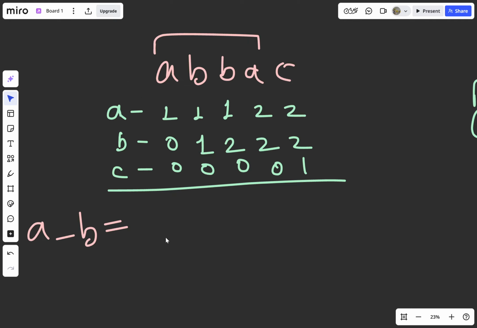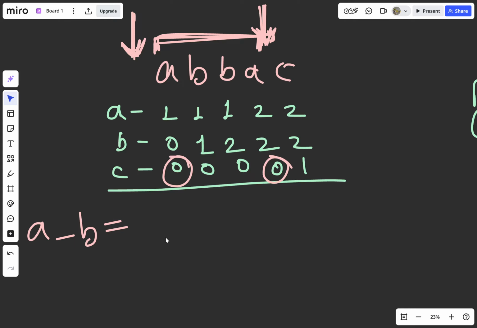Now, if we want to know the longest substring with only A and B, the count of C here should be equal to the count of C at this place, before that substring. So we have to find the substring where the C count is equal to the count before. The C count is 0 and the C count is 0.